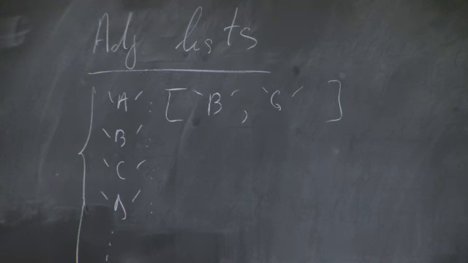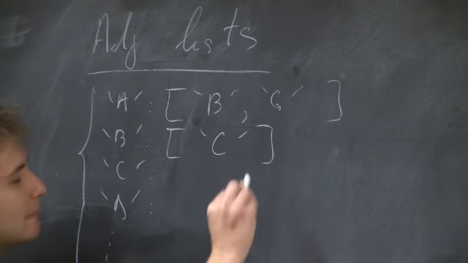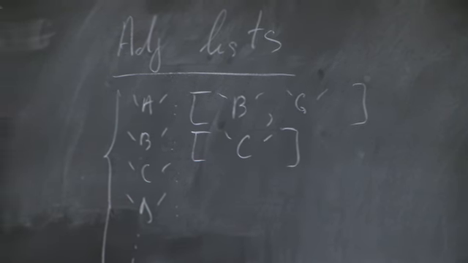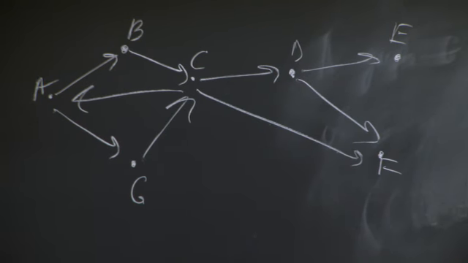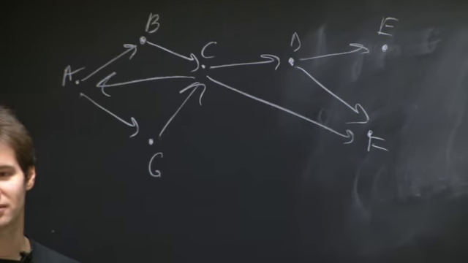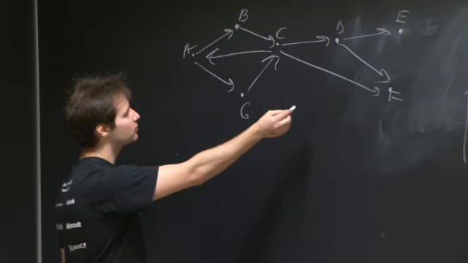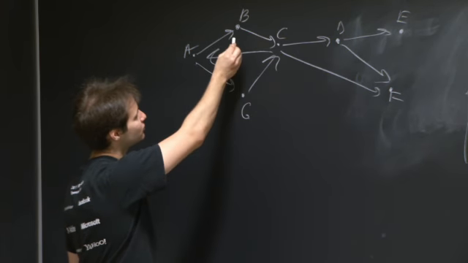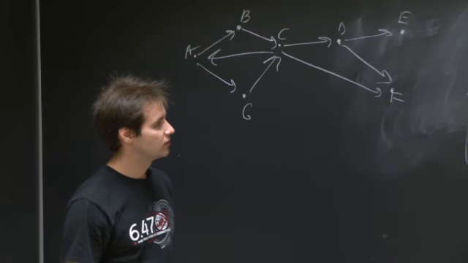C. Why do I not have A? Because it's an arrow, so it can't get to A. Yep. So the nodes that I have in the list are the nodes that are reachable from that node. I have an edge from B to C, so C is reachable from B. I do not have an edge from B to A because my edges are directed, so A is not there.